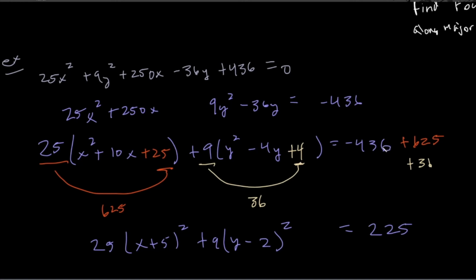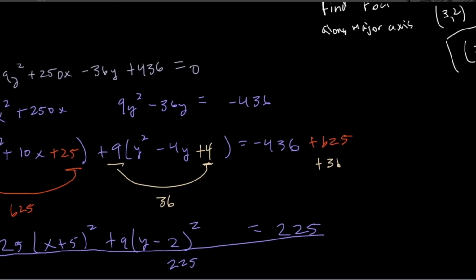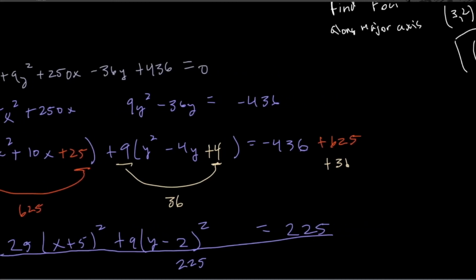Perfect. Okay, so last thing we need is just 1 over here. So we have to divide everything by 225. So 25 divided by 225 is actually 1/9 x plus 5 squared.